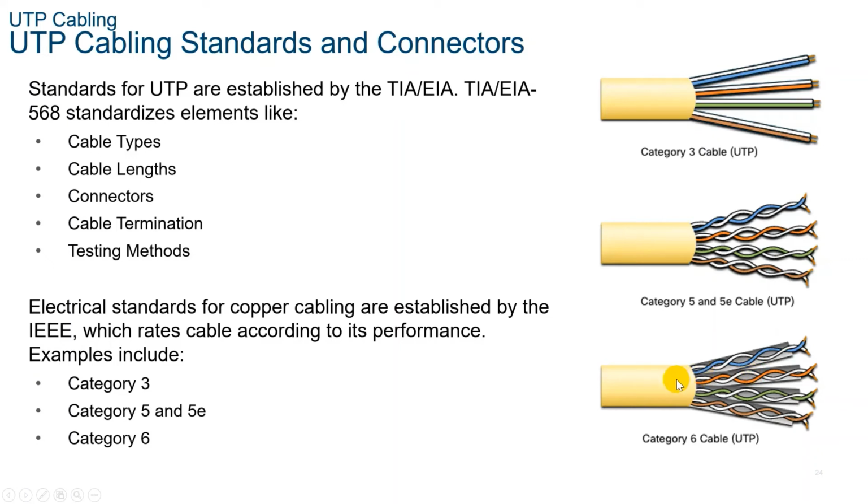Category 7 also supports 10 Gbps and Category 8 supports 40 Gbps. Some manufacturers are making cables exceeding the TIA/EIA Category 6A specification and refer to this as Category 7.